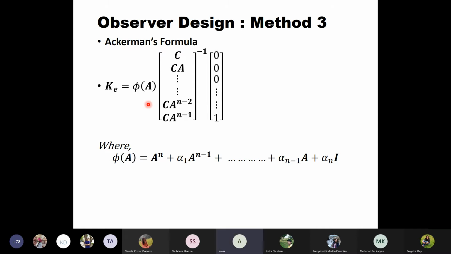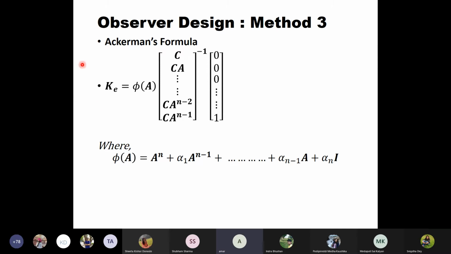So this method 1, method 2, method 3, we have also applied in case of a state feedback controller design. The same methods are basically applied for the state feedback controller design for the dual system, and then mapped back to the observer design in the primary system.